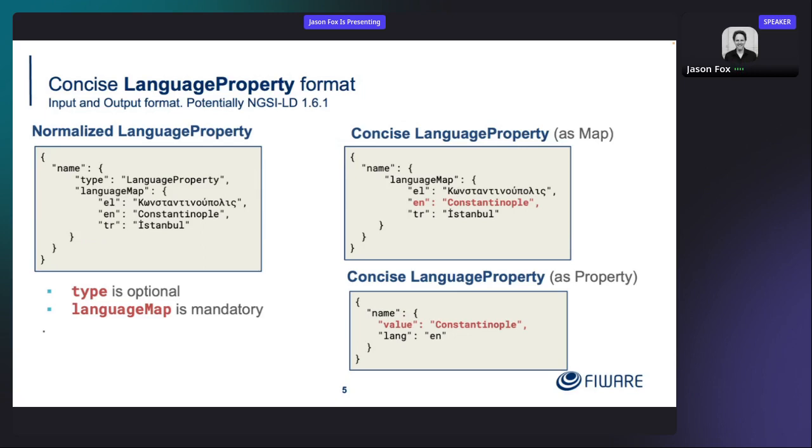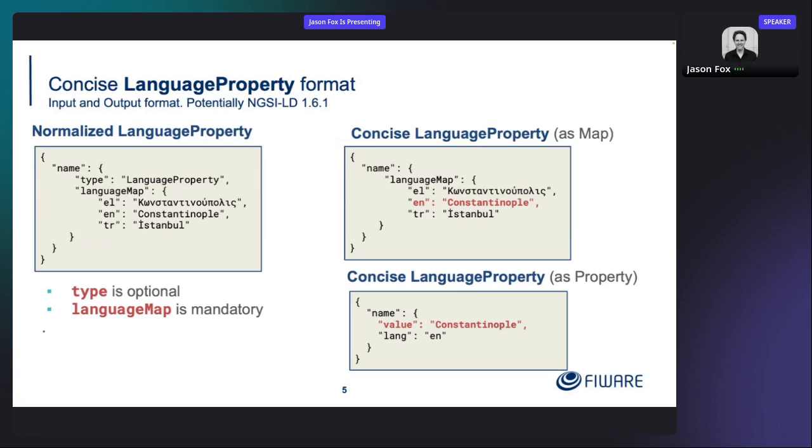So here you've got Constantinopolis in Greek, Constantinople in English, and Istanbul in Turkish, all referring to the same city. Now, language maps have this sort of dual nature in that you can request them back as ordinary properties, and you can see that it would come through as an ordinary property if you were asking for particularly the English language name of the attribute.